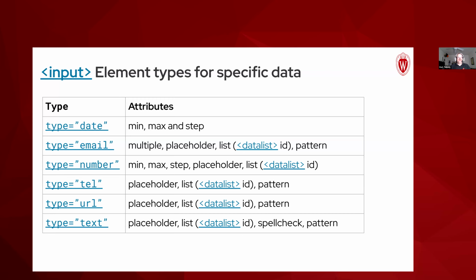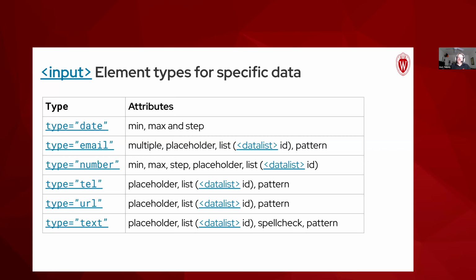Email will do basic validation that something looks like an email address. When hinting for autocomplete, it will be autocompleting email addresses rather than other text that might go in that field. Of course, you could turn that off. It can also use data lists, and it can also have patterns.